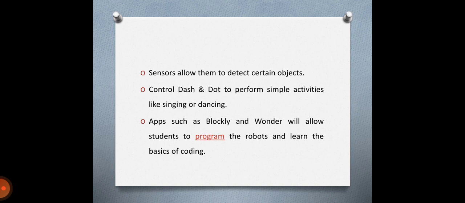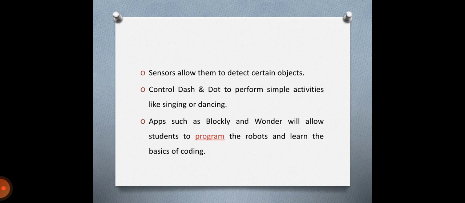The sensors in the robots allow them to detect nearby objects. They can be controlled to do simple activities like singing and dancing. We already saw that the Blockly application is used to control the robots.